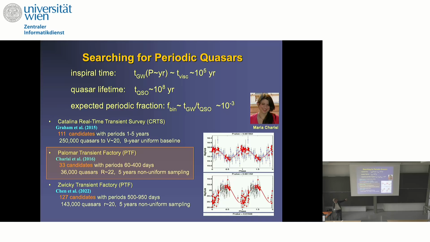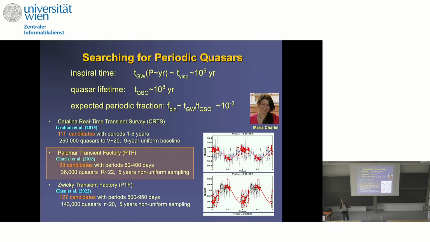Now, if you take an orbital period of 1 year, to which you're sensitive in these surveys, at that orbital period, the in-spiral time, due to the binary disk, happens to be, as I showed before, roughly the same as the gravitational in-spiral time, and roughly 100,000 years. If you have such a binary in the period of a year and mass of 10^9 solar masses, you will be happily living like that for 100,000 years.